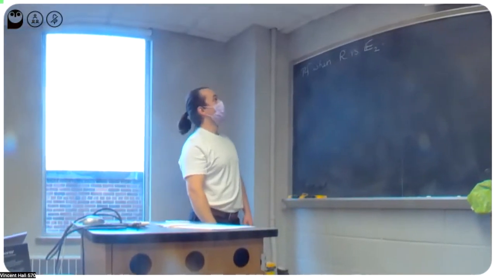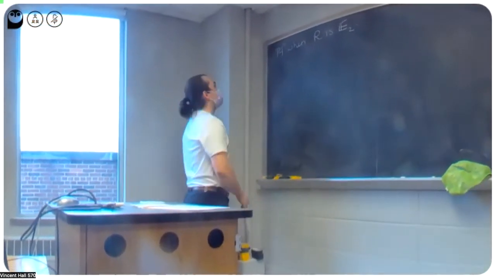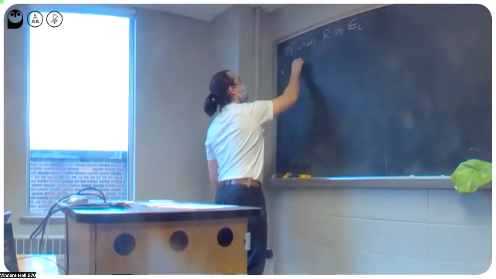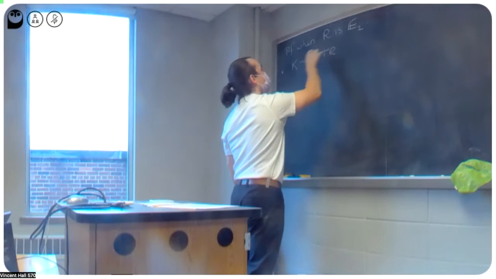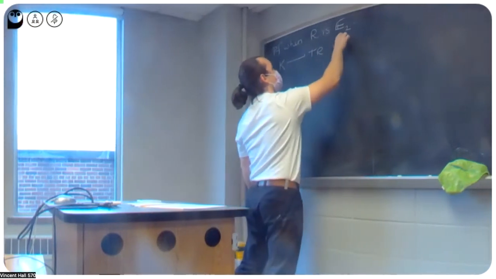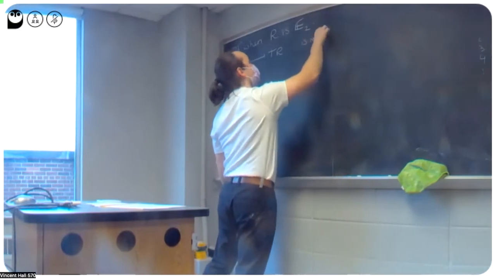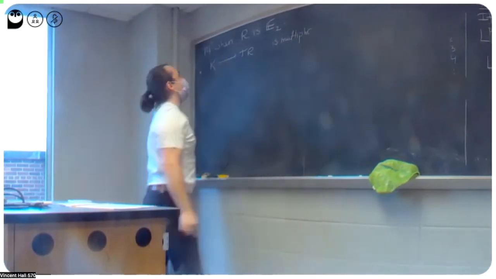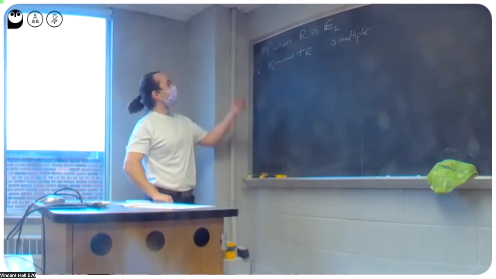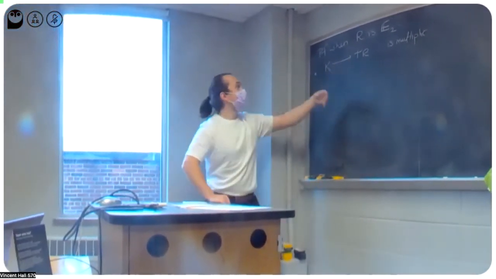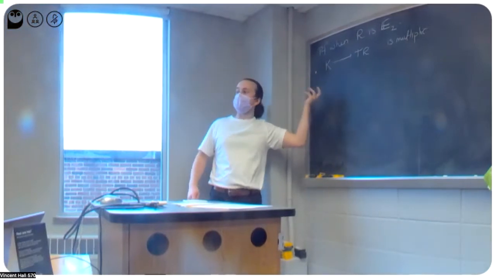So the first fact that we need is that this transformation here from K theory to TR is multiplicative. Meaning that if you input something with enough multiplicative structure into both of these things, this transformation will itself be multiplicative.